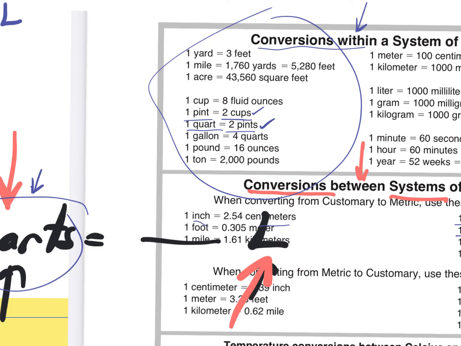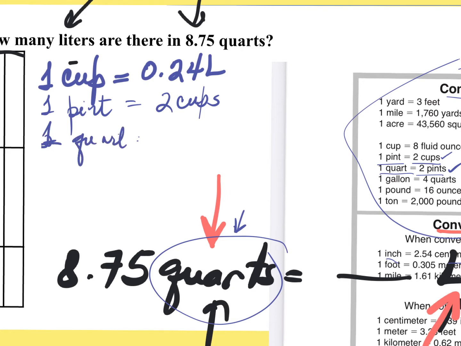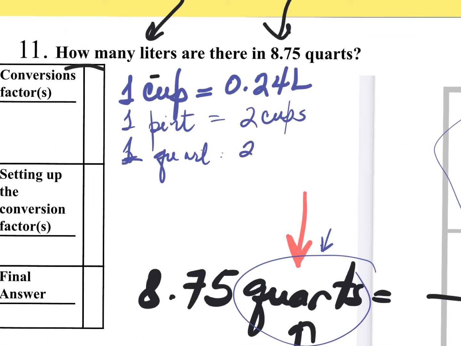1 pint is equal to 2 cups. And what is the other one? Let me write this over here. 1 quart is equal to 2 pints.